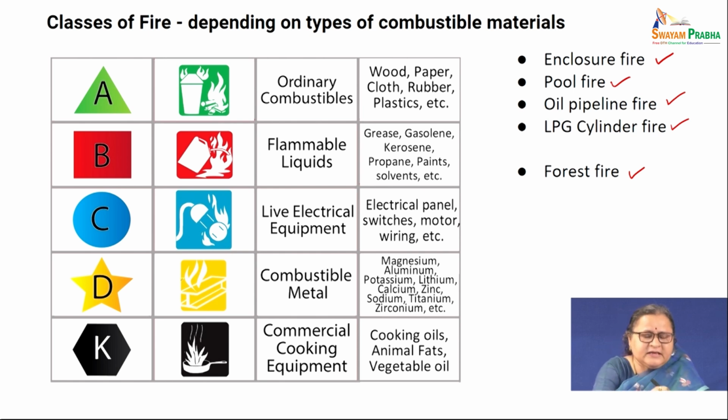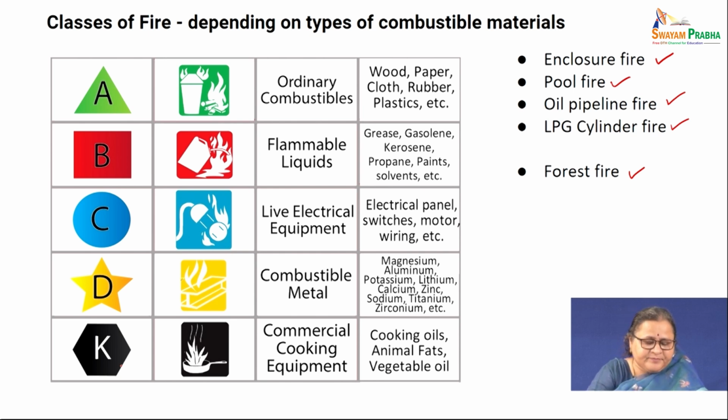So, if you see the 5 classifications, A is ordinary combustibles, which we usually face in a building context. B is flammable liquids, that is petrol or diesel, etc., like gasoline, kerosene, propane, paints, solvents.